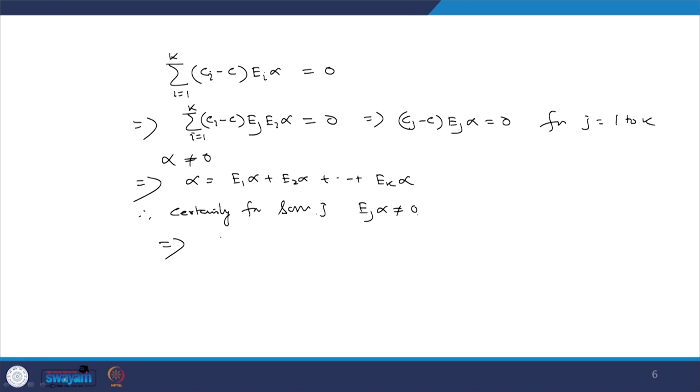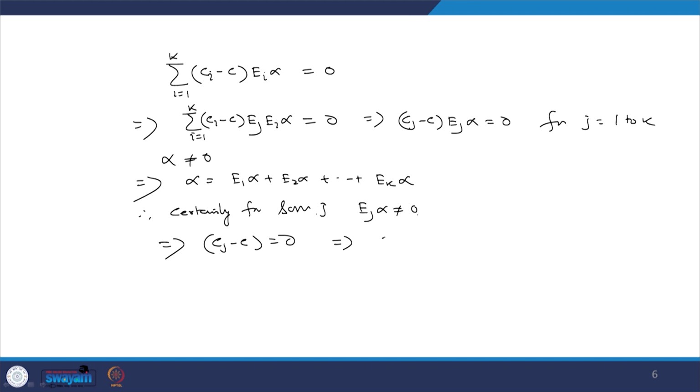This implies that Cj minus C equal to 0, because the product of two non-zero numbers cannot be 0 over the field F. So, Cj minus C equal to 0.